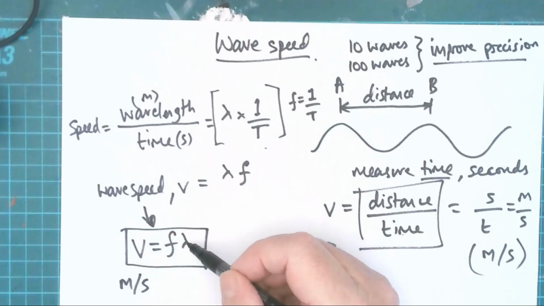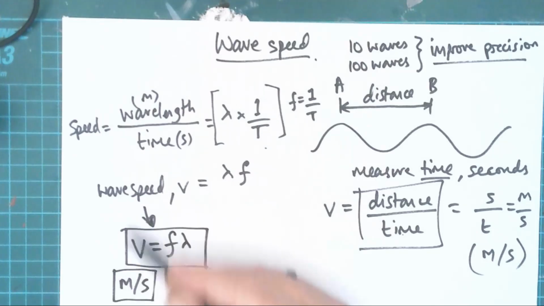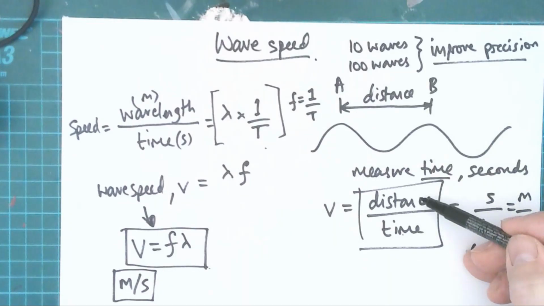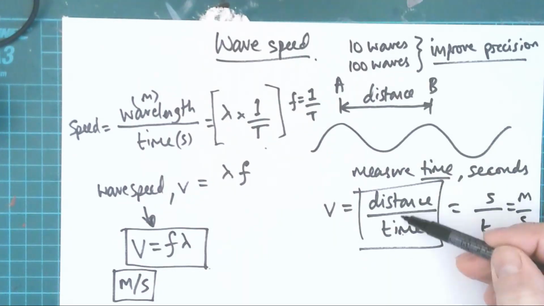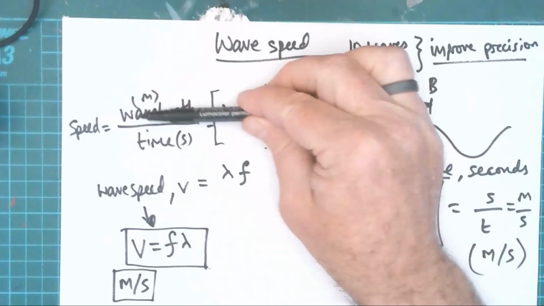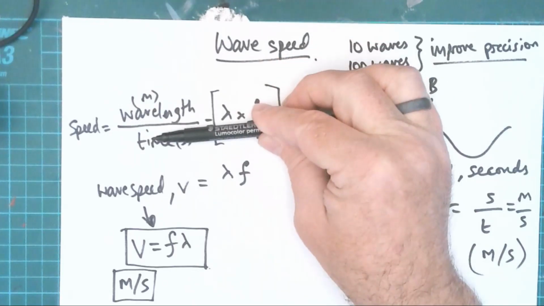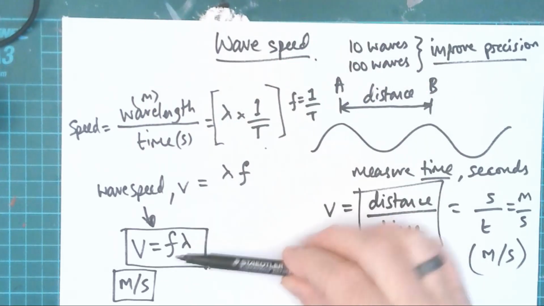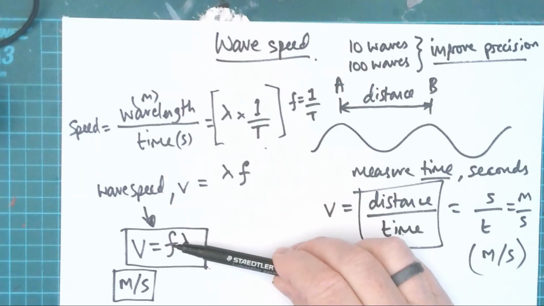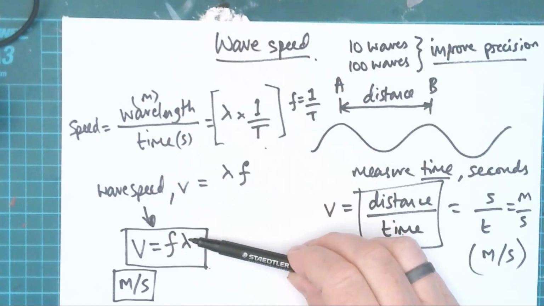It's speed, it's just the same as this. We're just using different things to define it. All right, V is for wave speed, F is for frequency, lambda is the length of one wave.